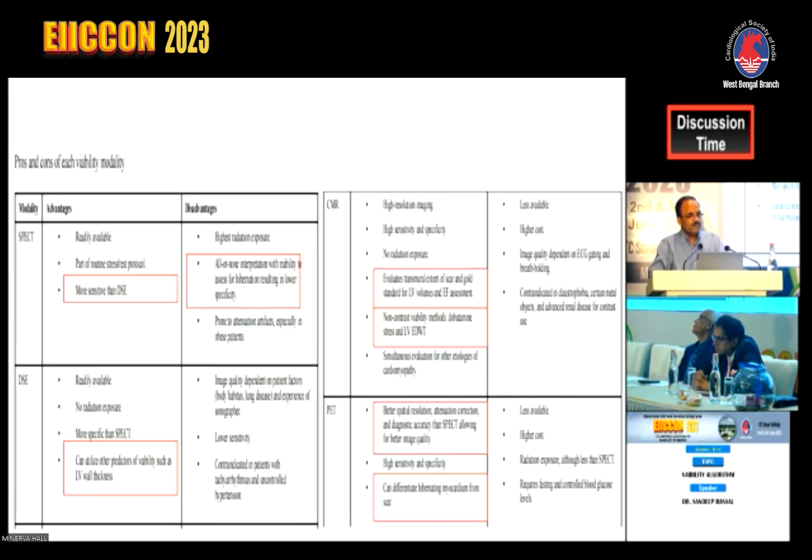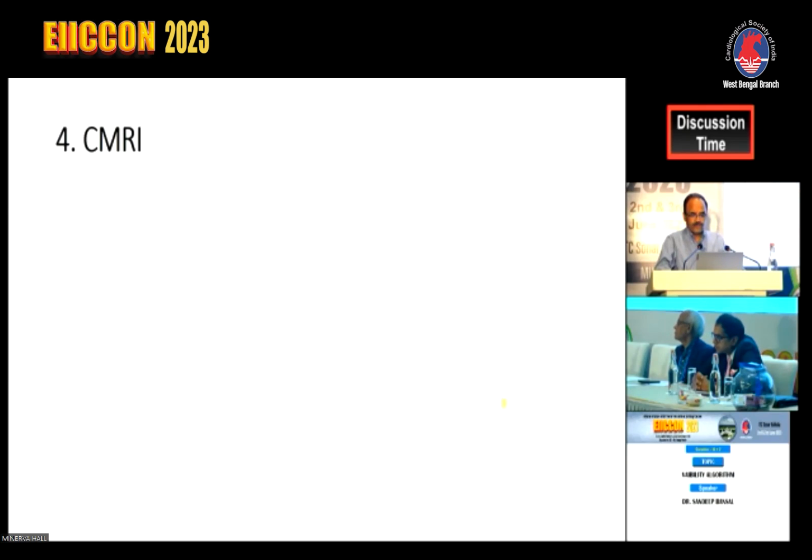Dobutamine stress echo can use both the thickness, because we do a resting echo. So it can use both the predictors of thickness as well as contractile reserve. Cardiac magnetic resonance imaging uses the wall thickness as the most important criteria. And the PET scan, as I said, uses the viability.